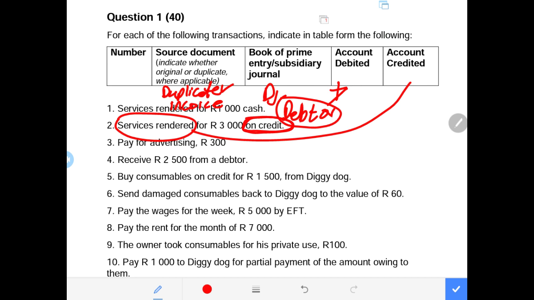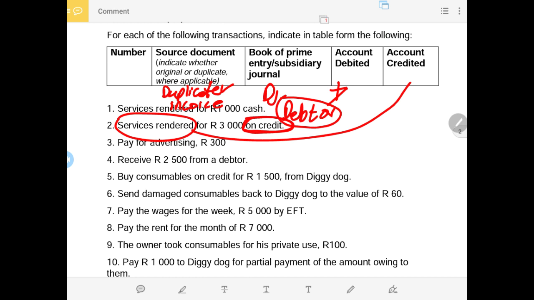So we keep the copy, which is the duplicate. The customer will get the original. So we as a company always keep the duplicate. But when we are a customer, meaning when we are buying from the supplier, then it will be an original invoice. I think I did mention that also in the previous question.